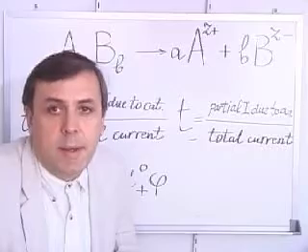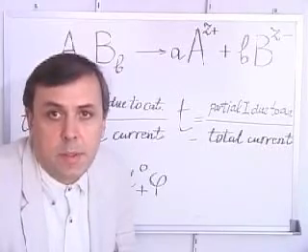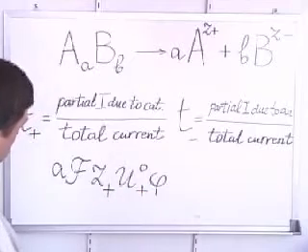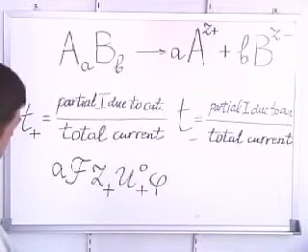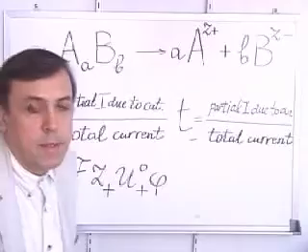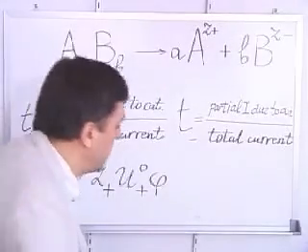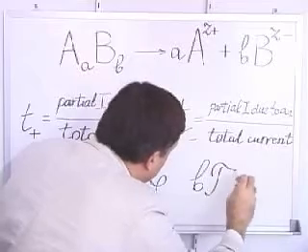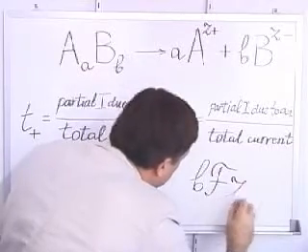However, this is exactly the definition of electric current. Therefore, this expression is the expression for the partial current due to the cations. A similar expression can be written for the anions, for the partial current of the anions.